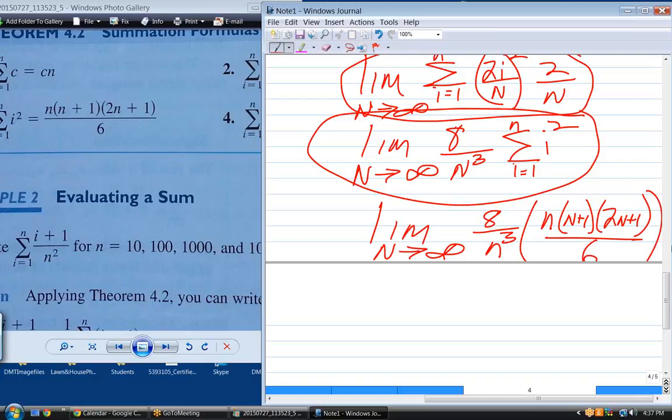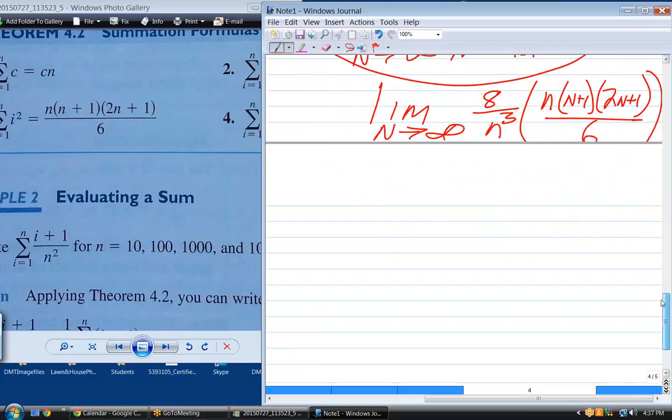Now, again, as all of these do, I have to multiply these out and multiply by this. And I think you can see that by the time I multiply those three numerators, I've got a 2n cubed. In other words, n times 2n is going to give us a 2n cubed.